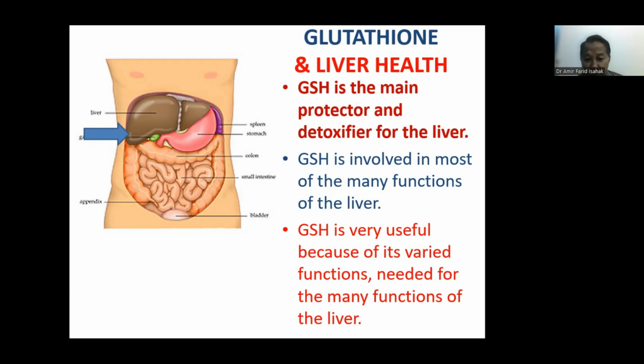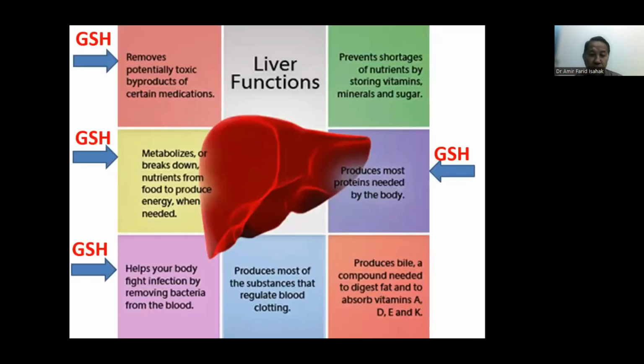Glutathione is involved in most of the many functions of the liver. The liver has many functions apart from detoxifying, but the other functions also require glutathione. And glutathione is very useful because of these many functions. It's useful for the liver and other organs as well. But just look at how useful it is for the liver.